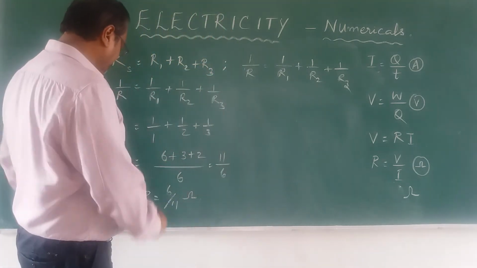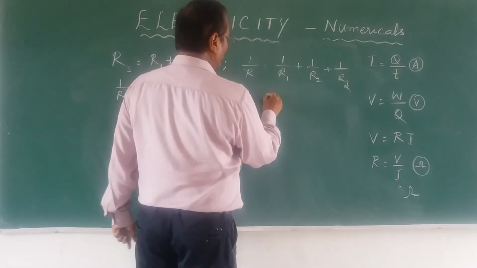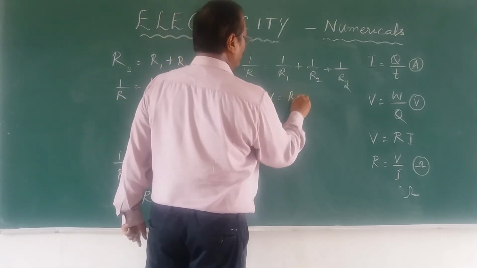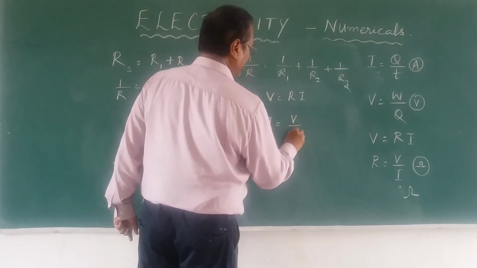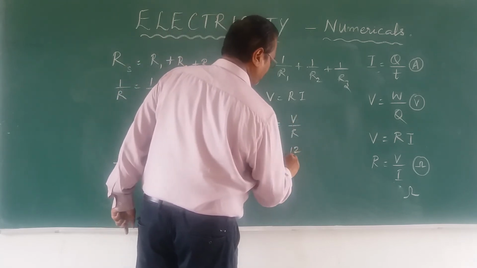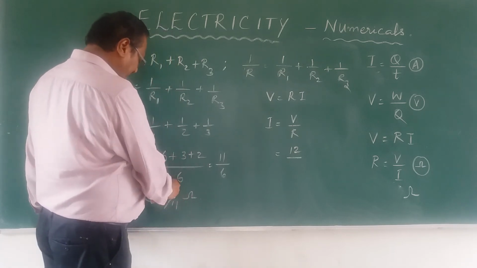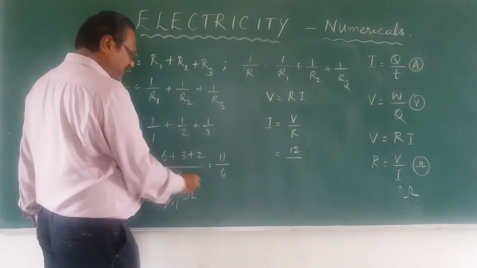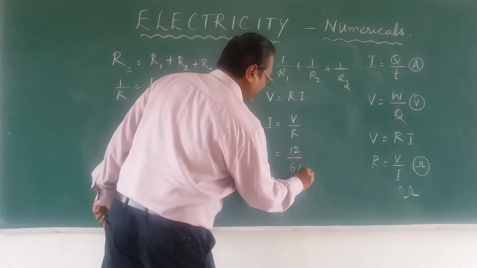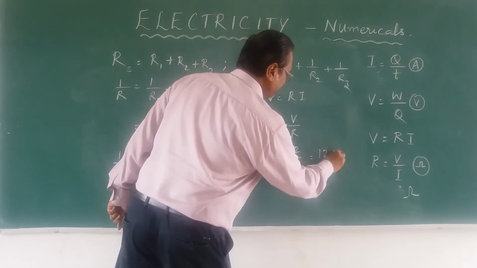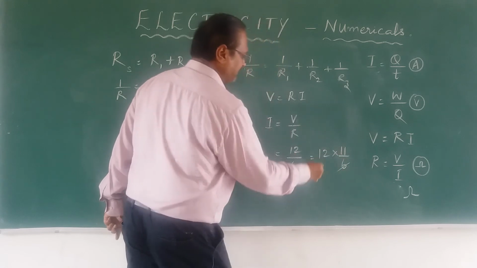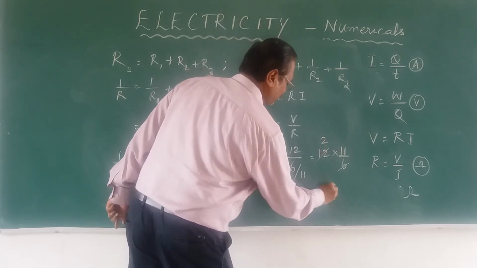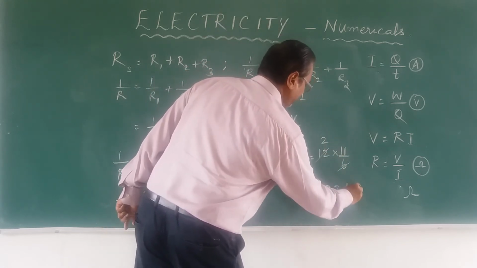Now I have done this. Now again I go back to Ohm's law, V is equal to R into I, so I is equal to V by R. V is 12, which we took, and the resistance has come to be 6 upon 11. So 12 into 11 upon 6, it's very easy, cancelling by 2, that is equal to 22 ampere.